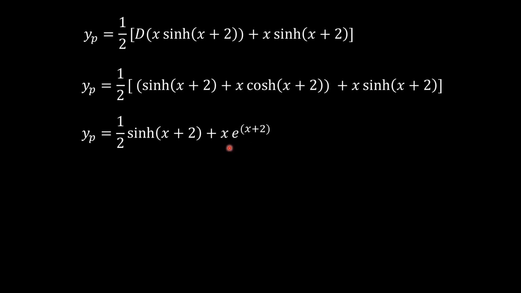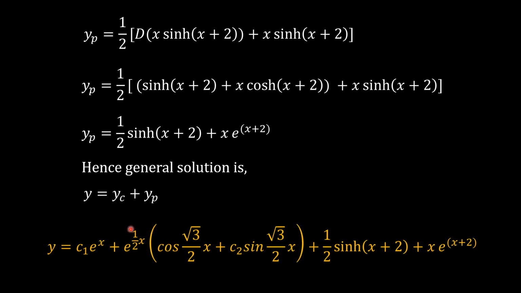So we are left with x into e raised to x plus 2, which is the required particular integral. Hence the general solution is y equal to yc plus yp. Replace the expressions of yc and yp, that will give us the required general solution.